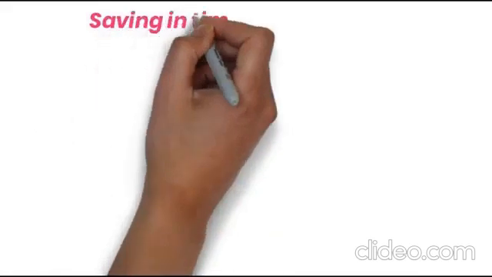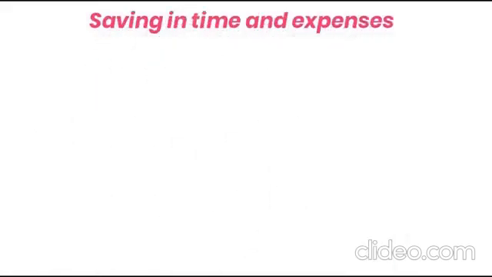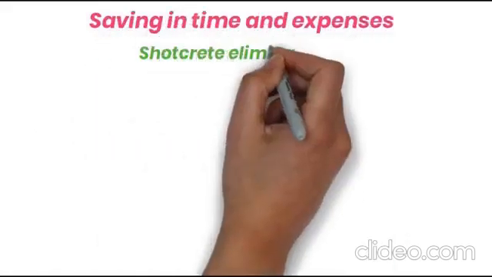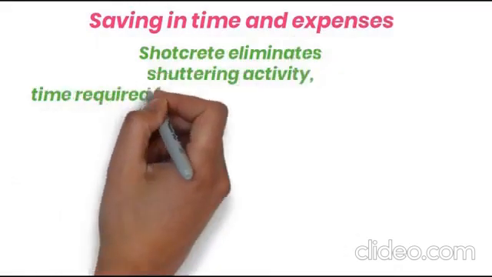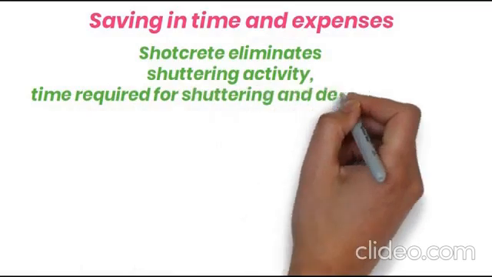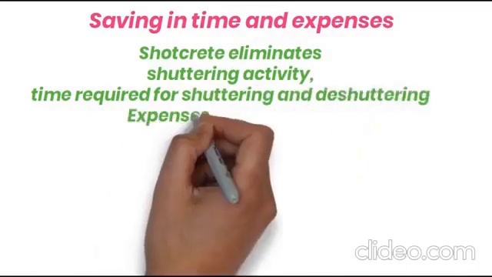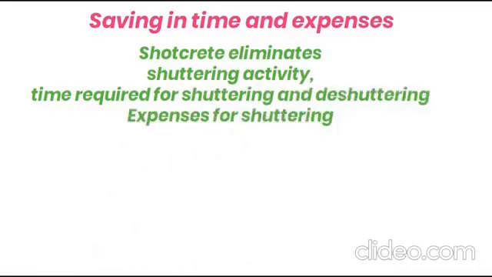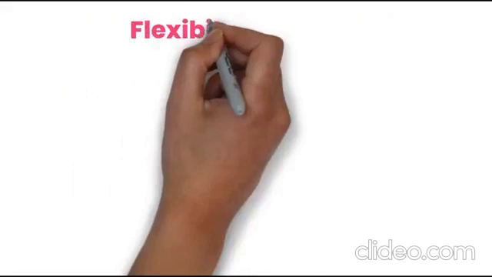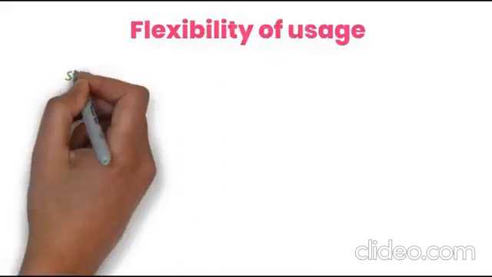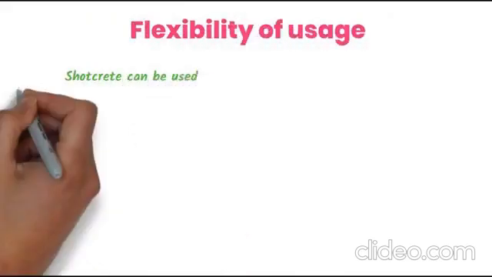Next is saving in time and expenses. Shotcrete eliminates shuttering activity. It's a main activity in construction, and shotcrete saves the time required for shuttering and deshuttering and the expenses for shuttering. Next is flexibility of usage.